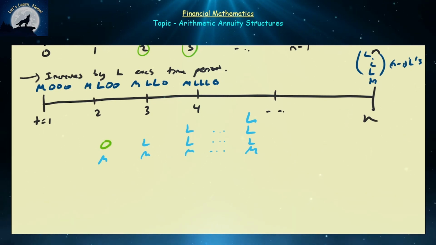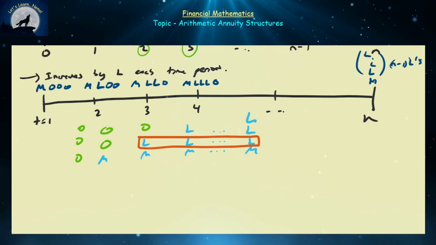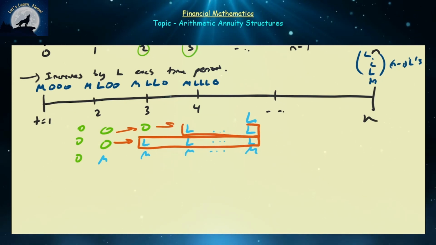So pretty much what I have here is just a bunch of deferments or discounted annuity immediates with 1 less payment, 2 less payments, 3 less payments, and so on. Because keep in mind that all of them do not have a payment at 0, but this annuity immediate with fixed size L is pushed back 1 unit. This one is pushed back 2 units, and so on, right?